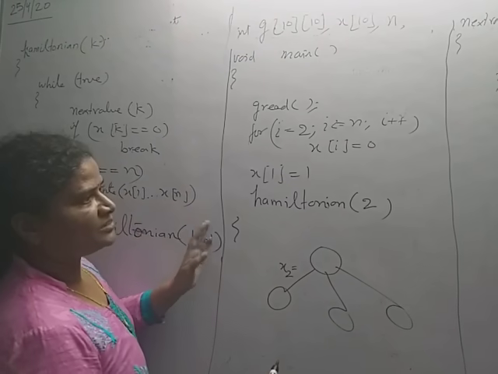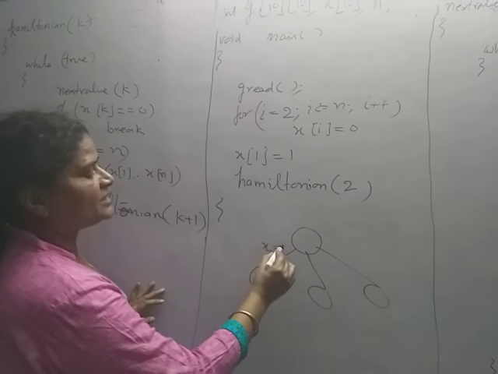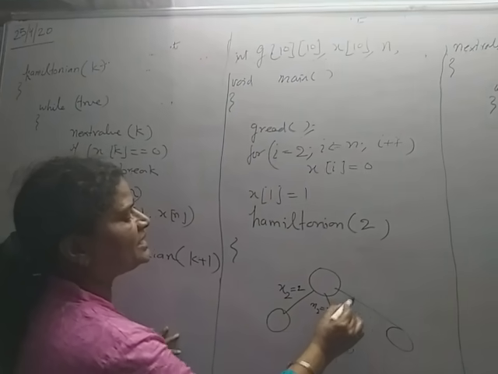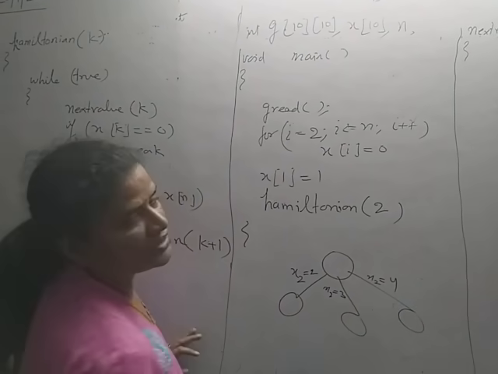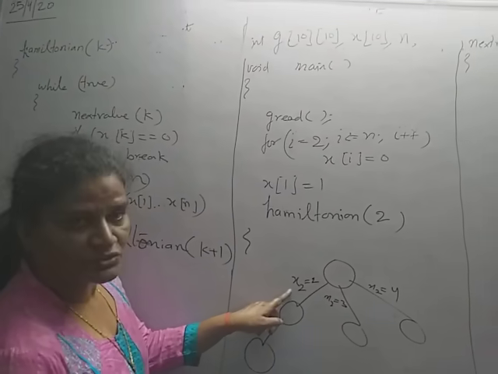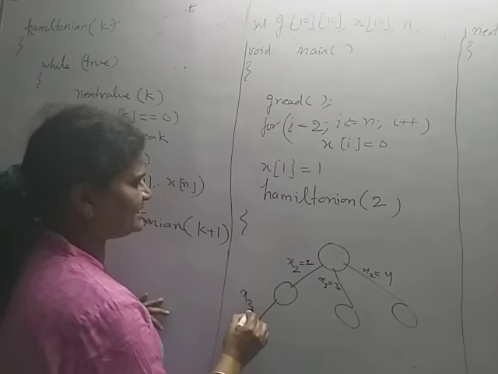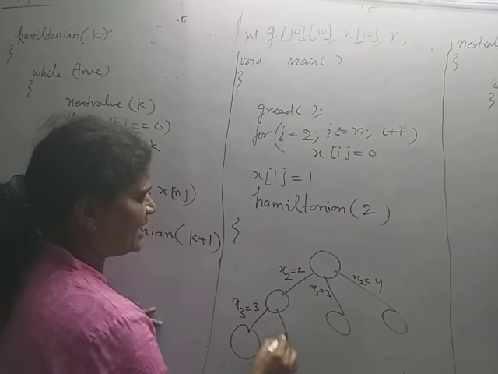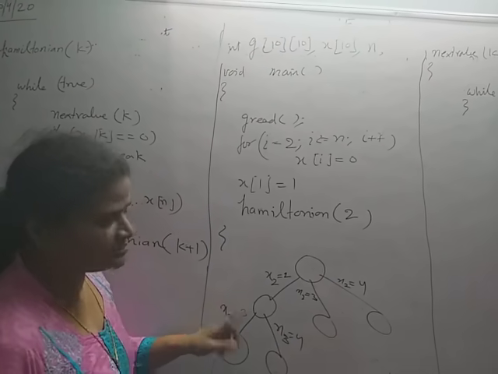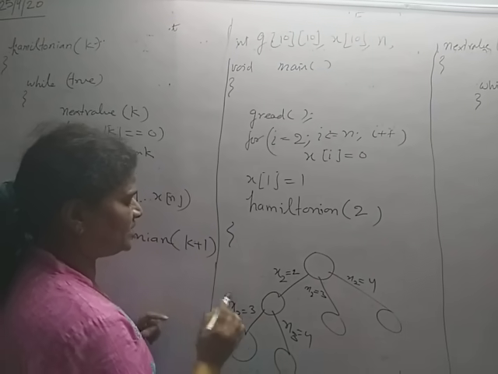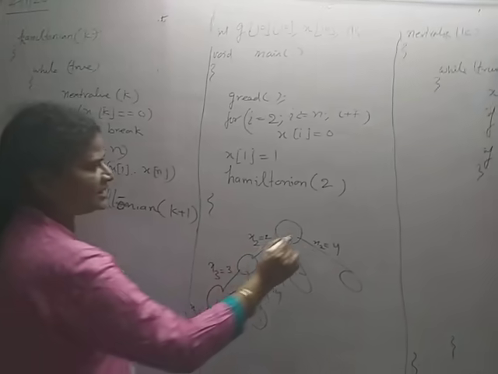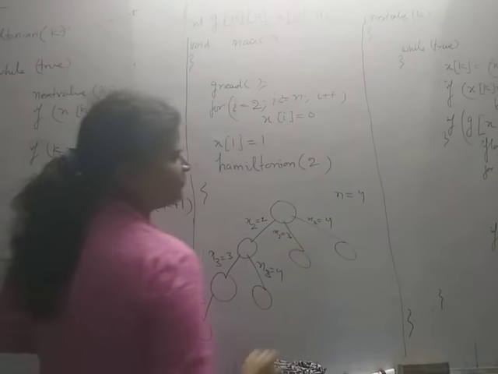Suppose the number of vertices is 4, then x2 equal to 2, 3, 4. If x2 equal to 2, then x3 equal to 3 and 4, because all the vertices should be different. If x3 equal to 3, then x4 equal to 2, 3, 4, taking n equal to 4.